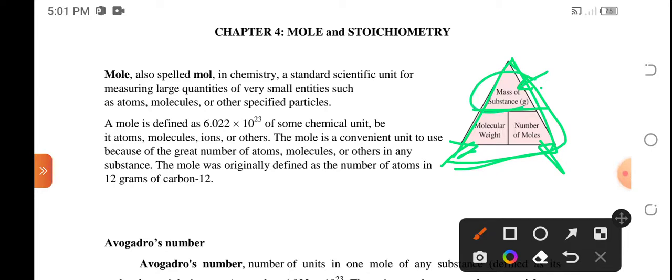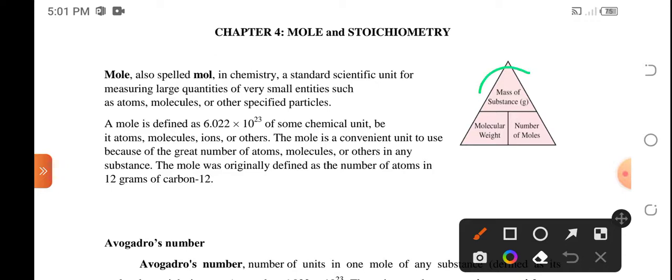If you are looking for mass, that would be equivalent to molecular weight times, so ito magkatabi sila, times the number of moles. Okay? If you are looking for the molecular weight naman, the unit would be grams. Ito naman dito, divide this by mole.